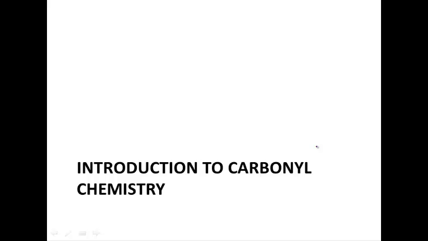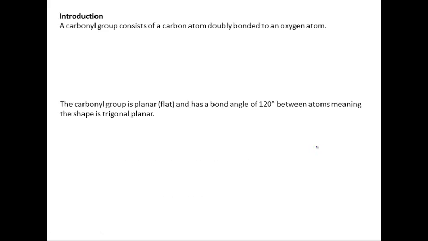Introduction to carbonyl chemistry. A carbonyl group consists of a carbon atom doubly bonded to an oxygen atom, which gives the possibility of two other groups, which we will call A and B. The carbonyl group itself is flat, which we term planar, and this can be represented showing a wedged bond and a dashed bond.